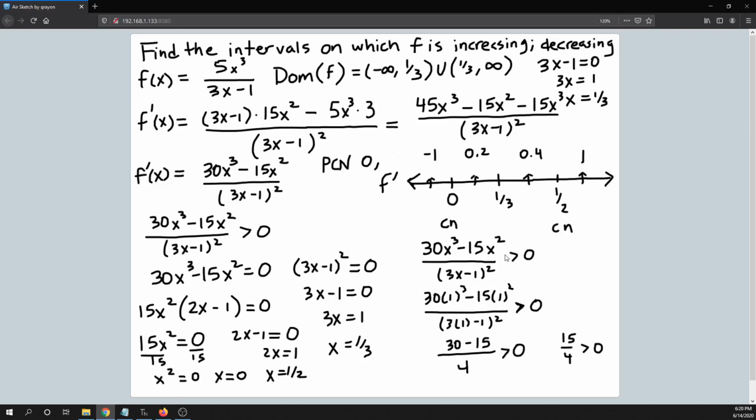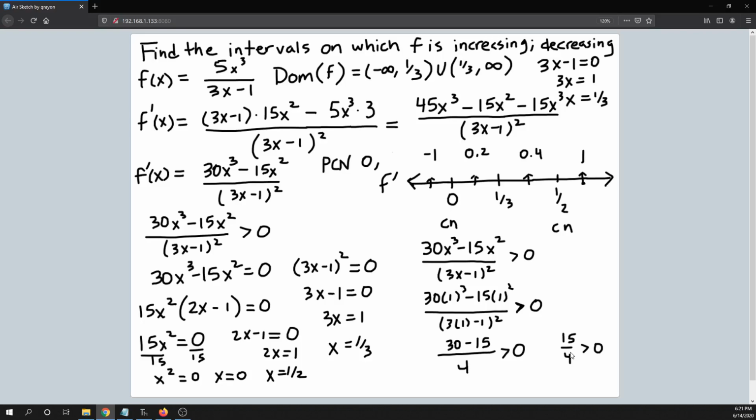What that means is that in order for a number to be a solution of this inequality, it would have to be a positive number right here, because that's the only way you're going to be bigger than 0. So if I take any number on this piece, plug it into the derivative, I will get a positive. So I just mark through that test point because I really don't care about the test point from here on out.